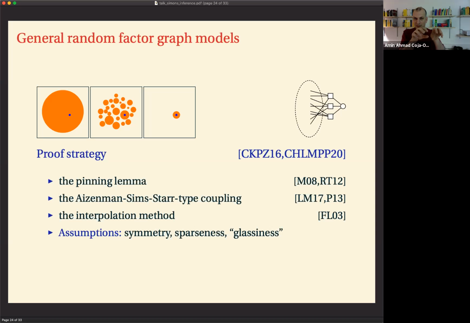So you basically fix a few randomly chosen variables in your original factor graph model to these particular spin values. It always works. It will always produce a replica symmetric problem. It will always make long-range correlations go away. So that's very funny.